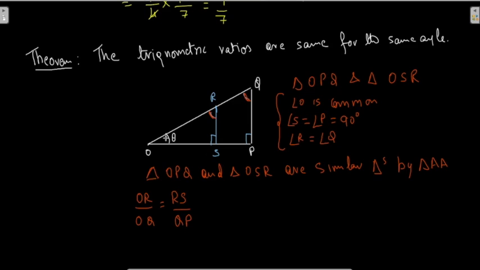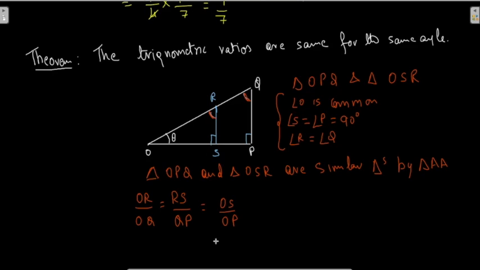There are two triangles, one is this small triangle, one is this larger triangle. OR is the hypotenuse of the small triangle and OQ is the hypotenuse of the bigger triangle. Similarly, RS is the perpendicular of the smaller triangle and QP is the perpendicular of the bigger triangle. And the third side, the base, is OS over OP. So this is the similarity rule.